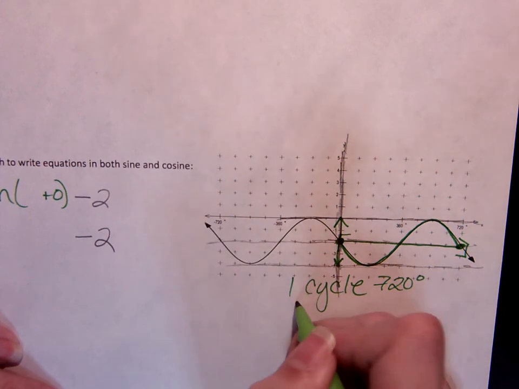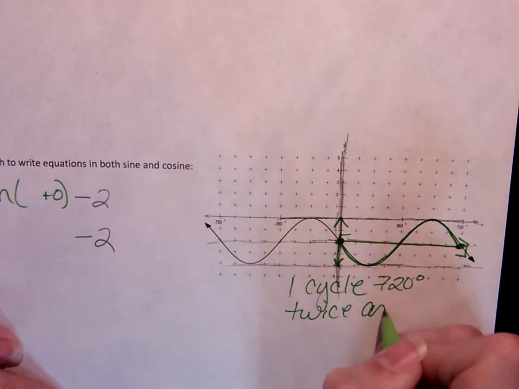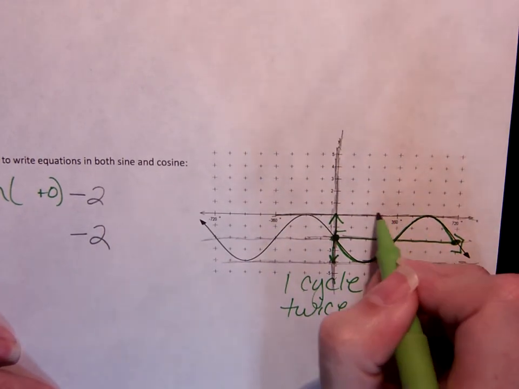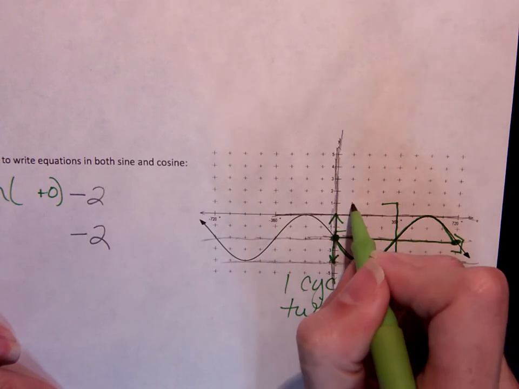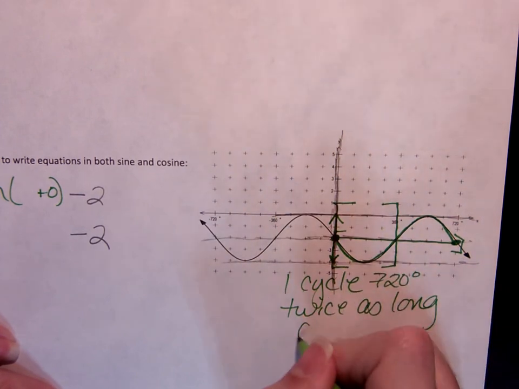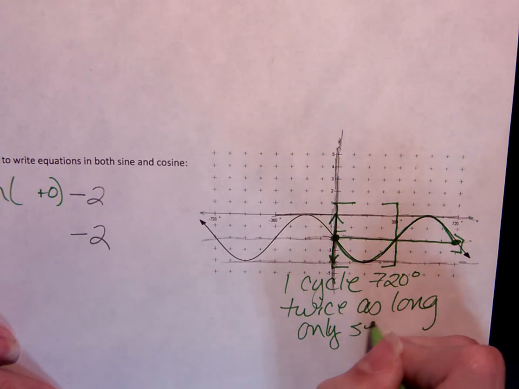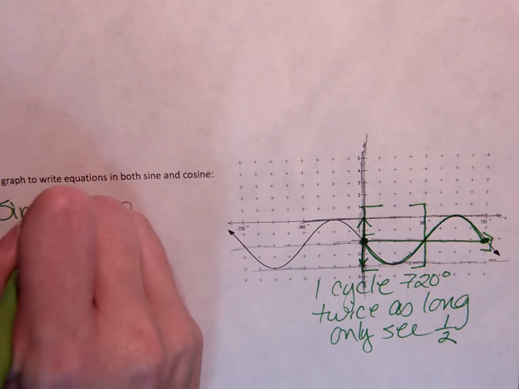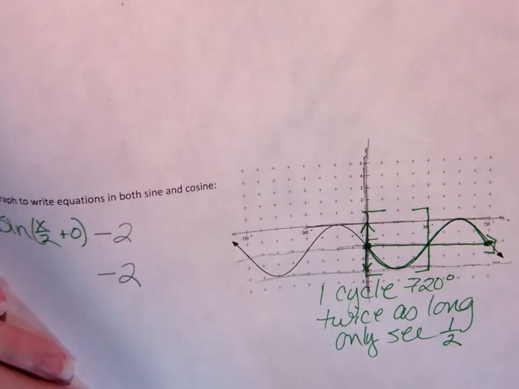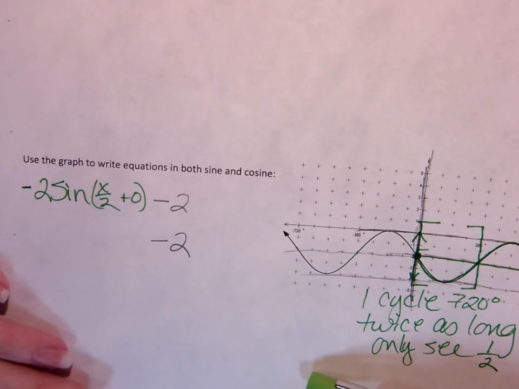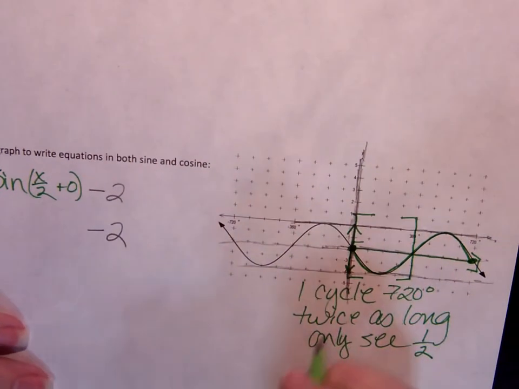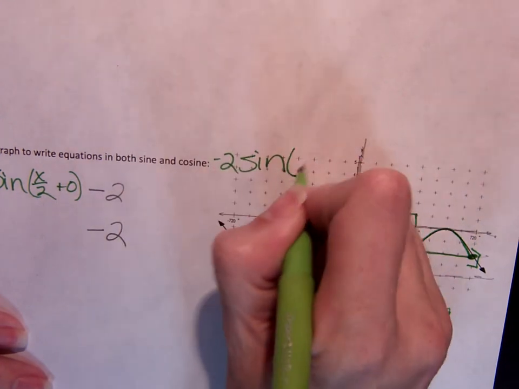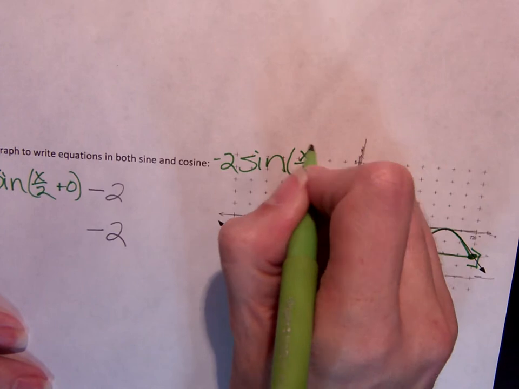That's twice as long as normal, which means if I look at just my 360, I know I can only see half, which tells me x over 2 is what goes inside parentheses. So my equation in sine is -2 sine of x over 2 minus 2.